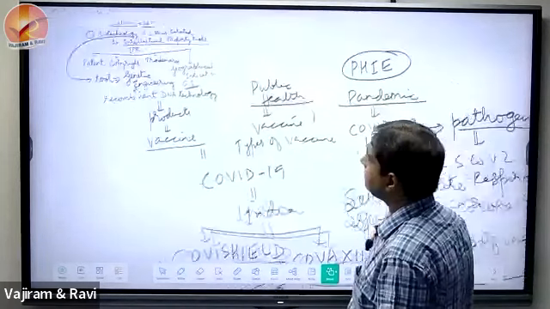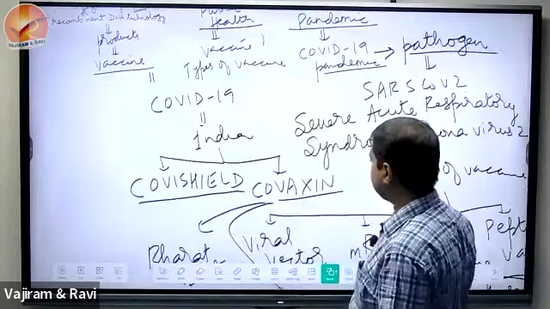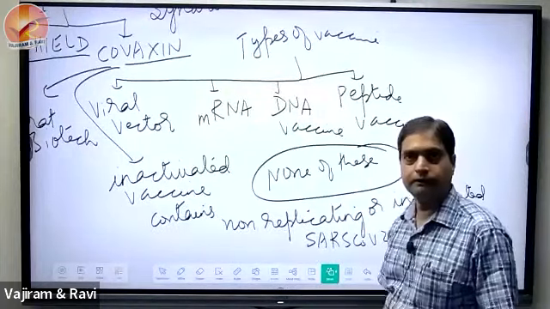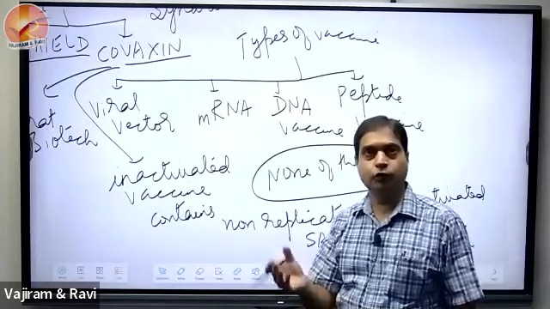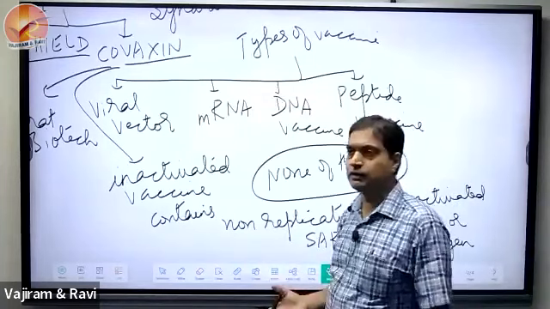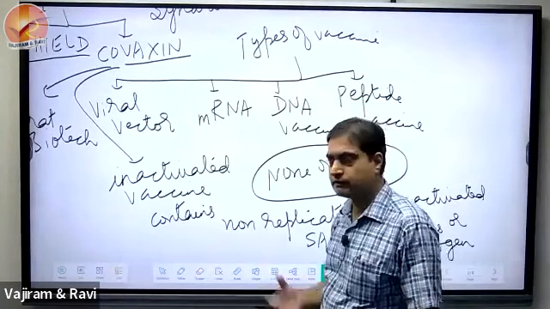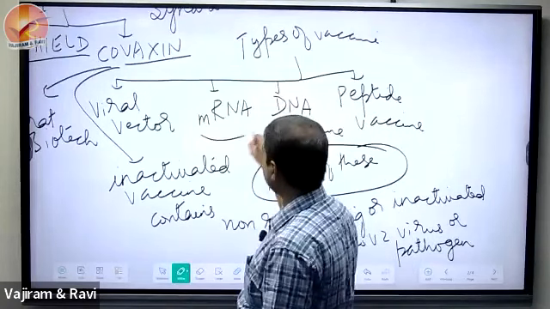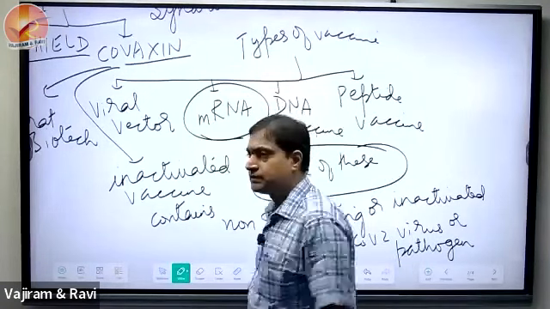Then under different types of vaccine that you have written, like viral vector, mRNA, DNA, peptide vaccine, one of the greatest breakthroughs of this century, which will provide various solutions to diseases or future pandemics, is nothing but the importance given to the mRNA vaccine.